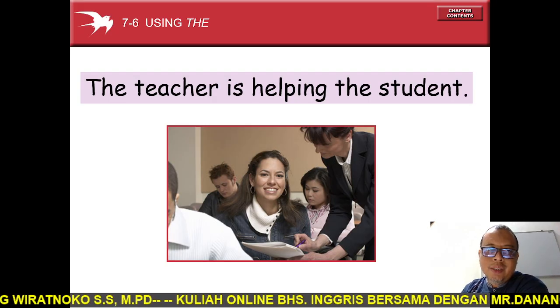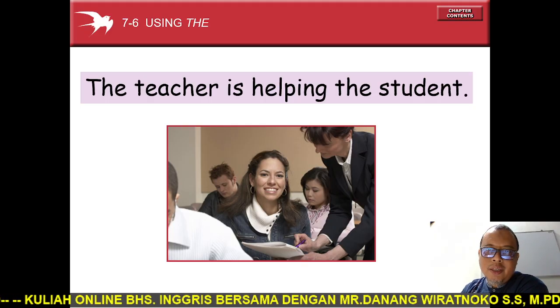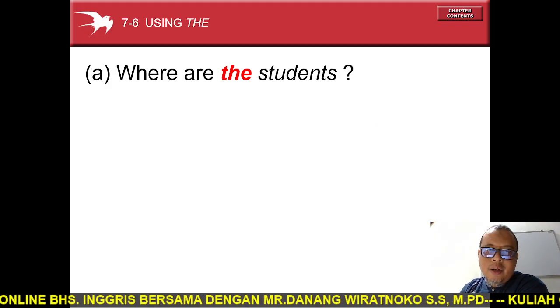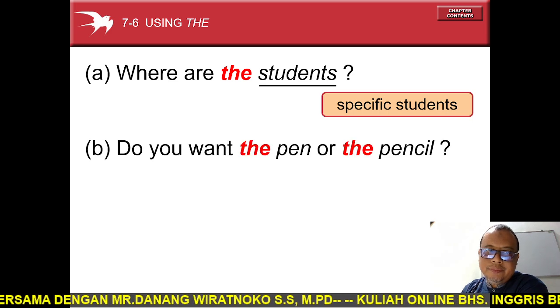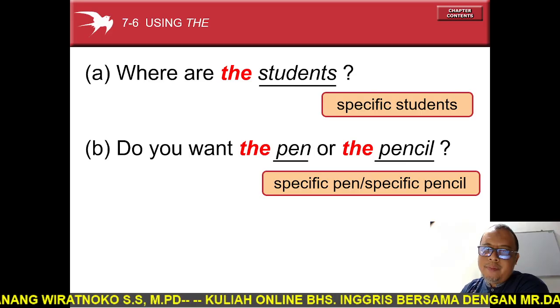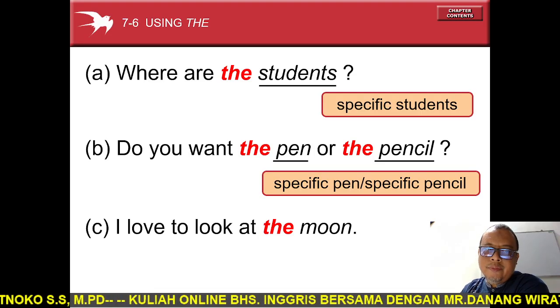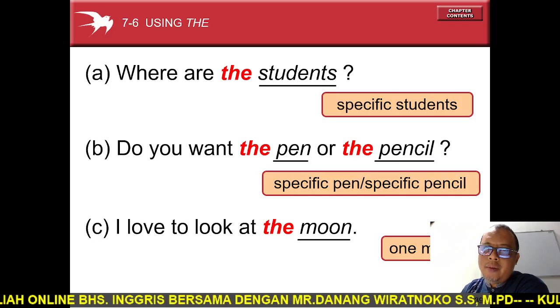Okay, next one we use the article "the". The teacher is helping the student. Where are the students? Specific students. Do you want the pen or the pencil? Specific pen and pencil. I love to look at the moon. Only one moon.